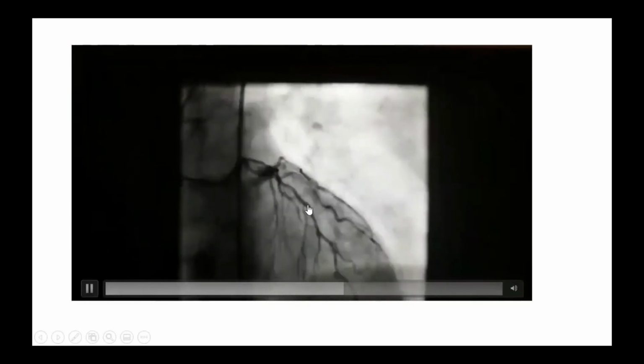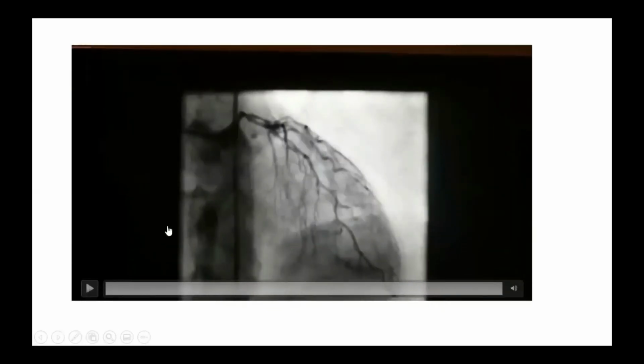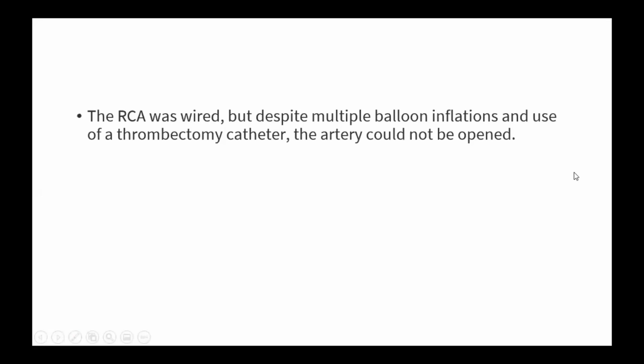You can notice the size of the vessel compared to the diameter of the catheter is smaller, so it is diffuse, but there is no clear disease type. The RCA was wired, but despite multiple balloon inflations and use of a thrombectomy catheter, the artery couldn't be opened.